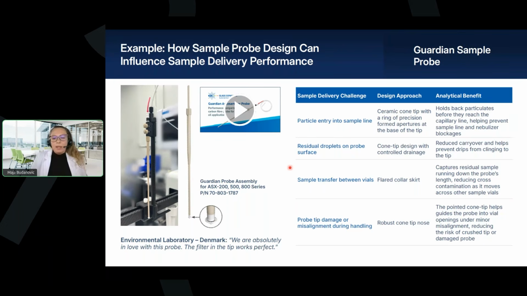We will see this a bit later in the video representation on the following slide. Finally, mechanical robustness is also very important because the probe is repeatedly moved and positioned, and it is often exposed to different sample matrices. Using the ceramic robust cone tip helps guide the probe into the vial openings and reduces the risk of damage from minor misalignment.